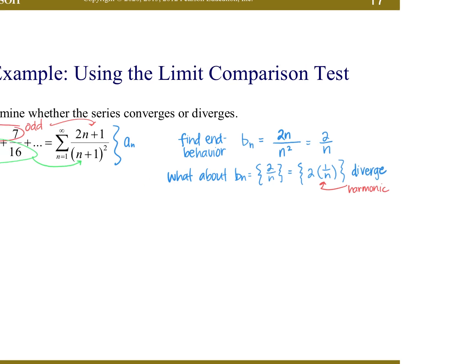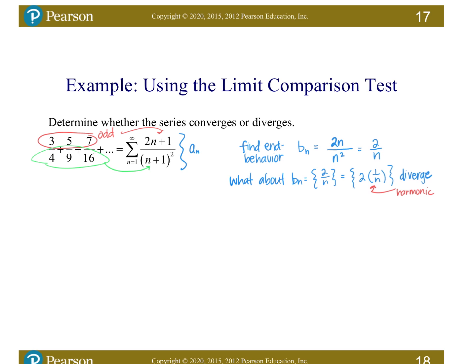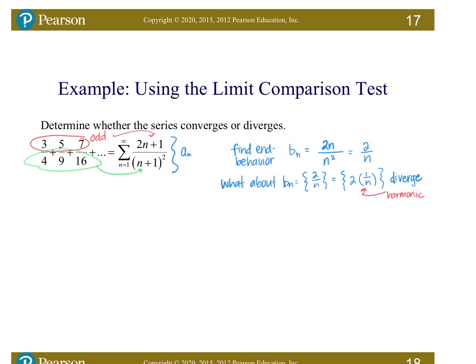So the key to doing limit comparison is to find an end behavior model and to know what the behavior of that end behavior model is. So then we can do the limit comparison.